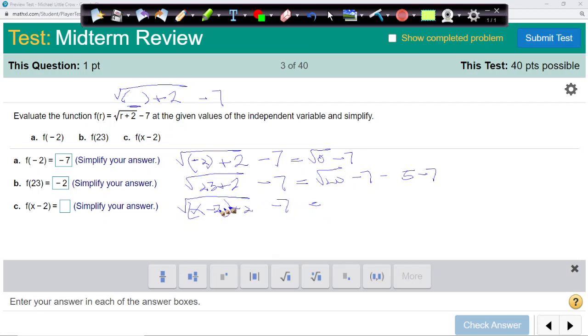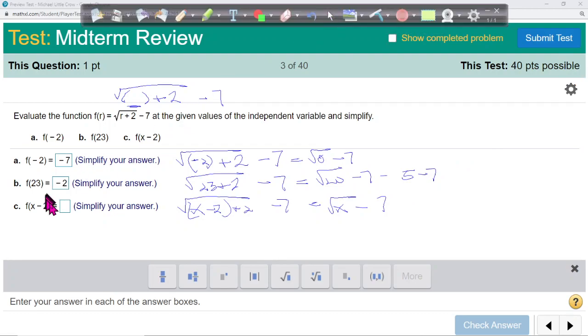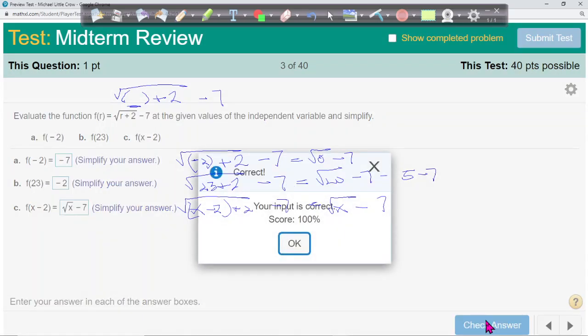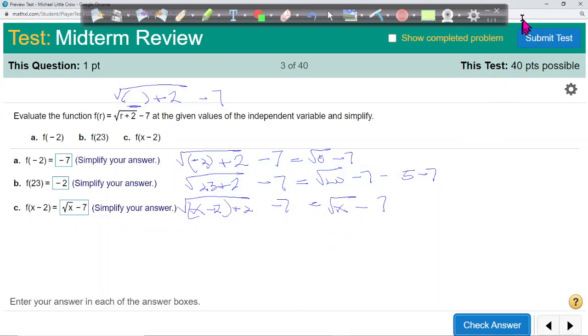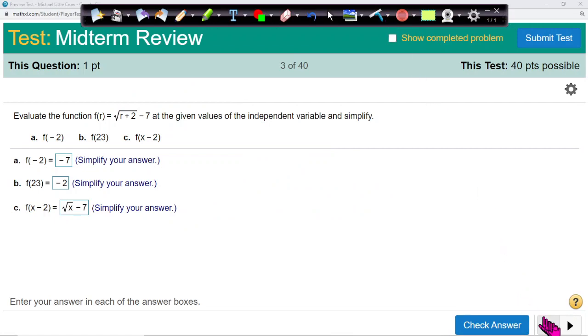And again, you take off the parentheses, there's nothing to distribute or anything, so you get -2 plus 2, that's 0, so you get the square root of x minus 7. We can use this square root of x, use the right arrow to step outside, and make sure your minus 7 is outside of the radical, and let's check our answer. We're good to go. Let's keep moving.